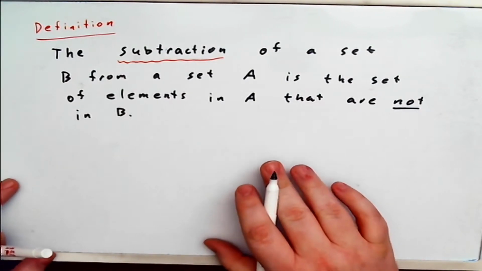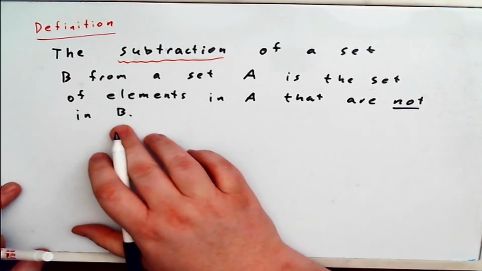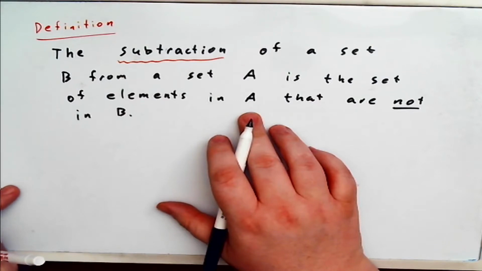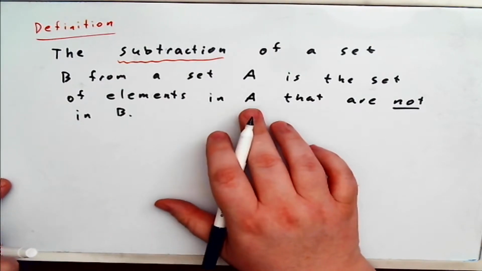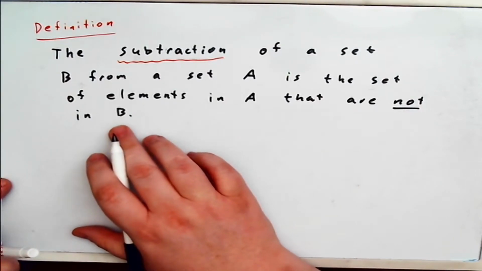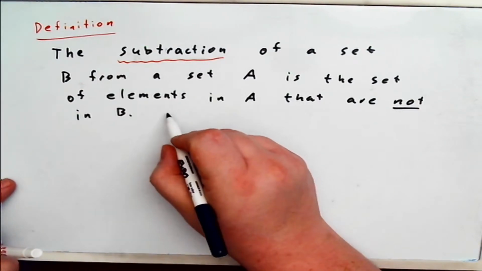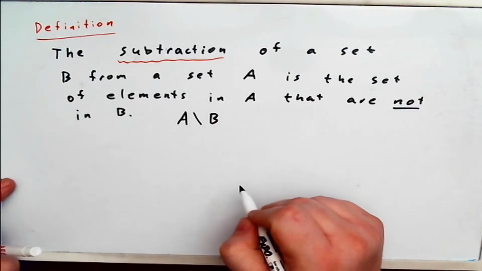So this is the set of elements in A, but we take out any elements that might also be in common with B. Okay? So now if A is completely different from B, then the subtraction does nothing. But if we have elements in common, then whatever is in A and also in B, we remove those elements of B from A. Okay? So this is denoted as A with this backslash B. Okay?